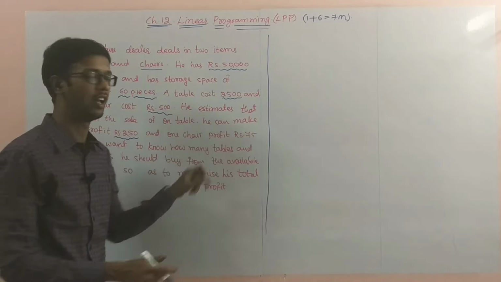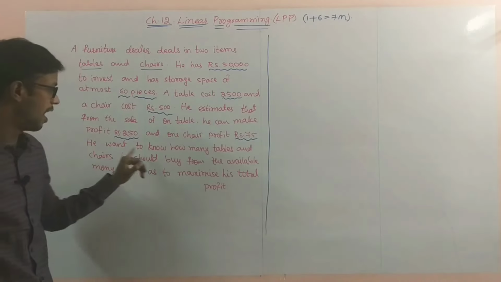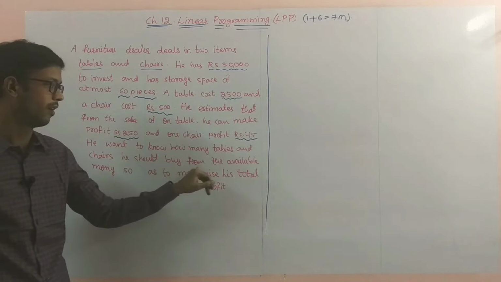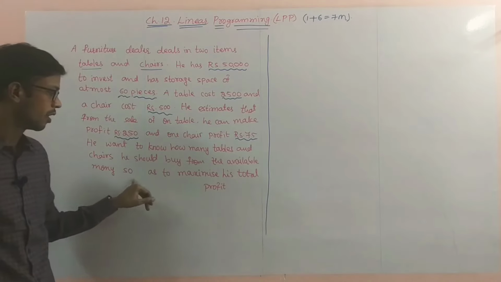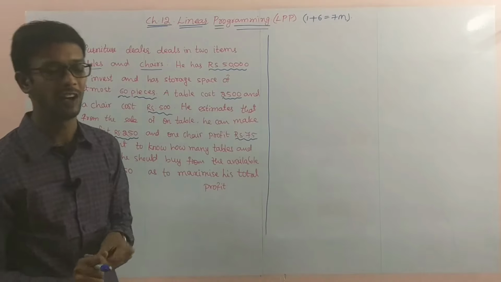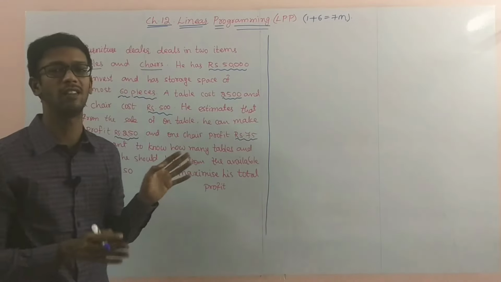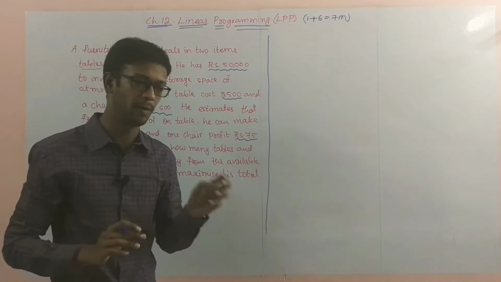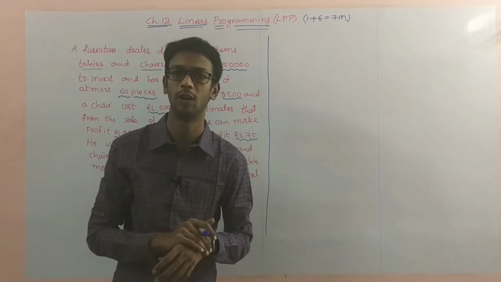If a chair is sold, the profit will be 75 rupees. He wants to know how many tables and how many chairs he should buy from the available money so as to maximize the total profit. He has 50,000 rupees, and from that, how many chairs and tables he can buy so that the profit is maximum. Every person investing will think that profit should be maximum.